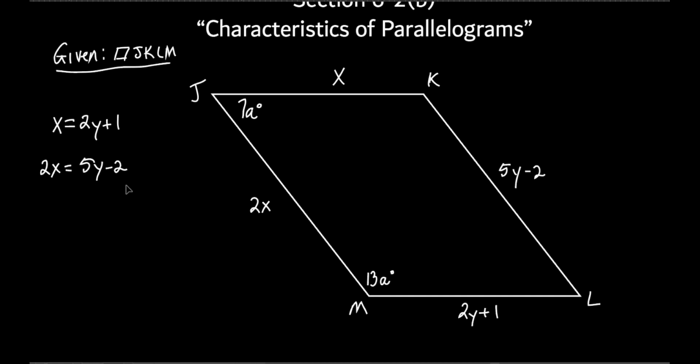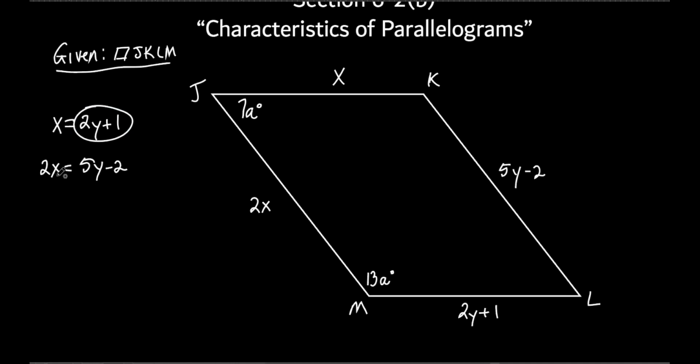So now I have two equations with X and Y. Now I should be able to solve for X and for Y. This is the easiest way to do it. It's called substitution. Do you remember substitution? You probably did some substitution, but watch this. We kind of know what X is equal to, don't we? Not exactly, but in terms of Y. So X is equal to 2Y plus 1.